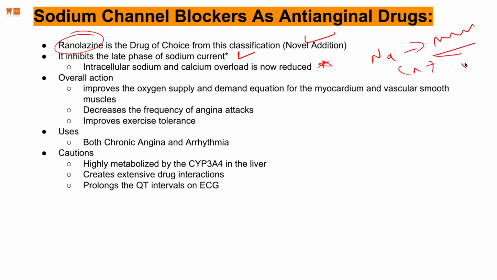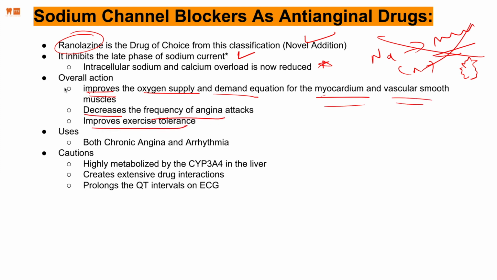Calcium causes contraction. Ranolazine blocks all of it. Hence, overall, it improves the oxygen supply and demand equation of the myocardium and vascular smooth muscle. It decreases the frequency of anginal attacks and improves exercise tolerance. So it can be used in chronic cases as well as in arrhythmias. So it's like a side character.